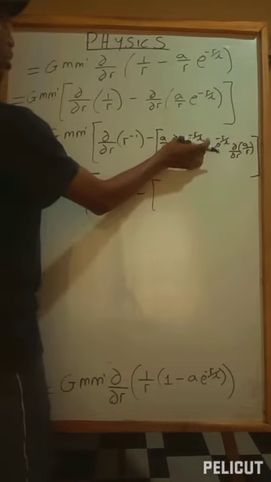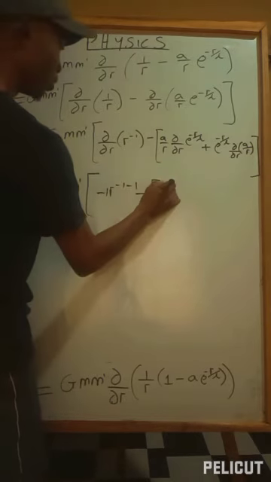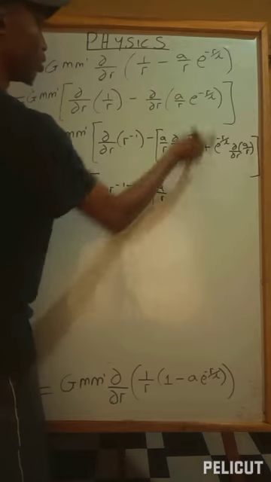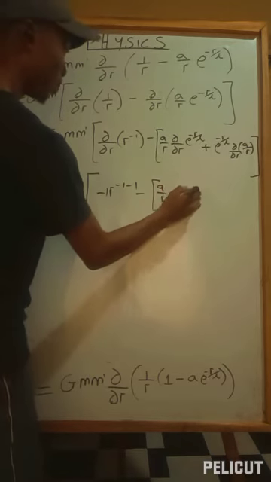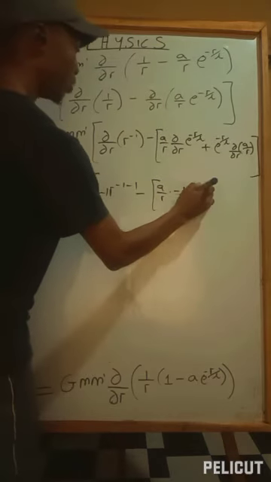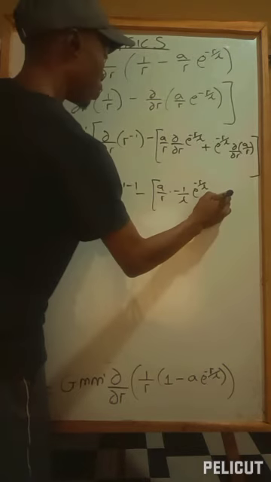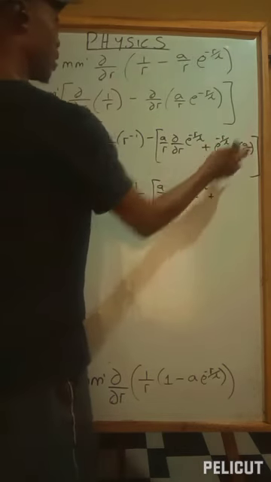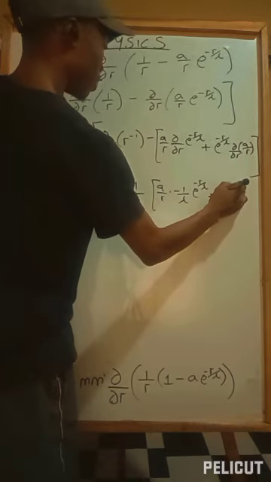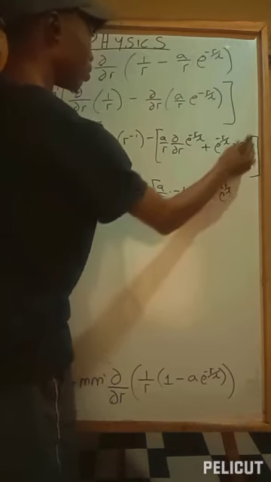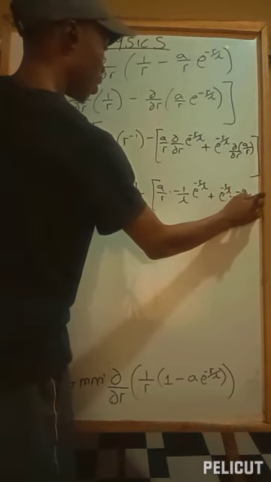If you differentiate the exponential function here, this is going to be a over r dot, now this is going to be minus 1 over lambda exponential minus r over lambda, plus, if you differentiate this guy here, we still have exponential minus r over lambda dot, this is going to be minus a over r squared.